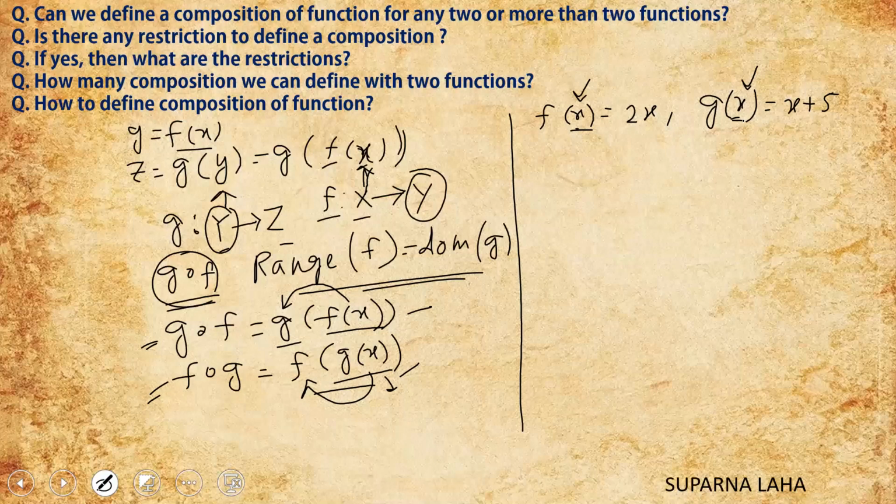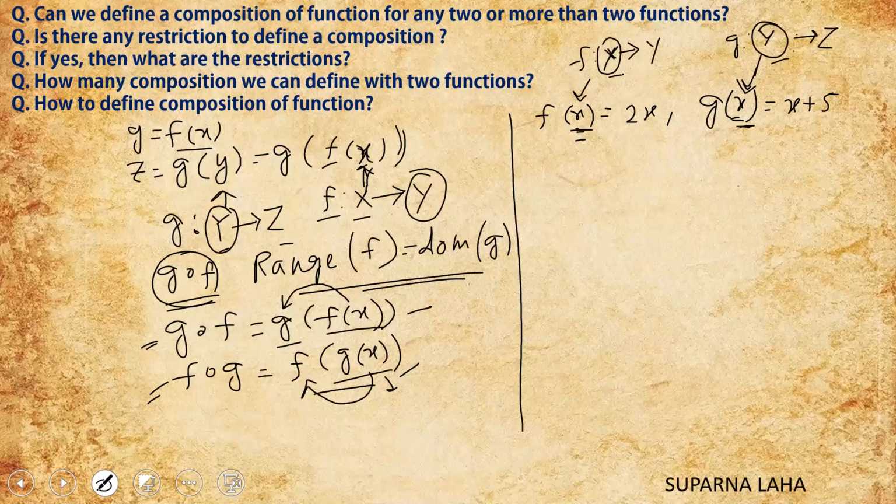The domain for f is X to Y. This x belongs to this set X, that is the domain set, and this x is from this Y. So these two x are different. Here this x is from the domain of g, here this x is from the domain of f.